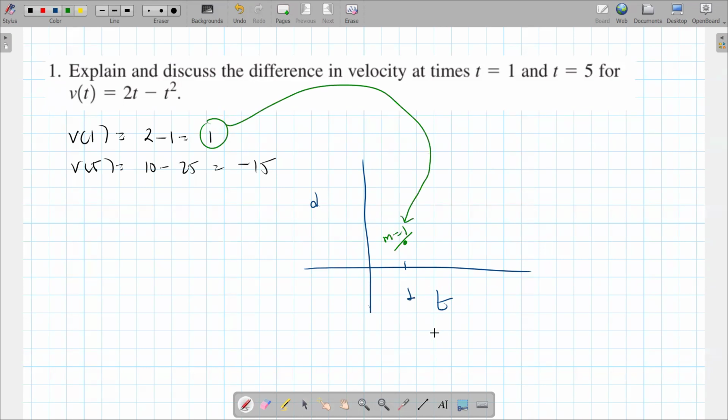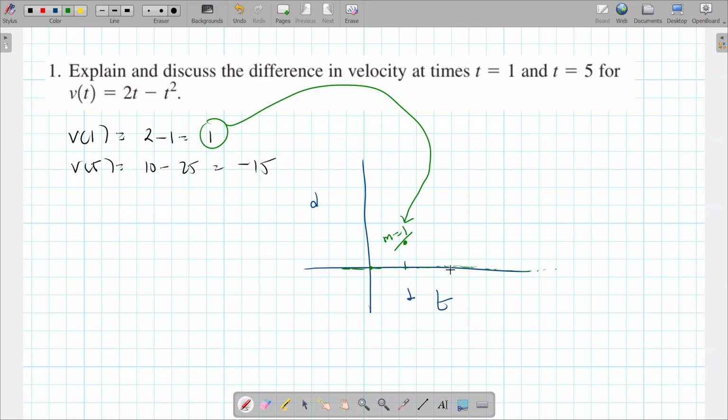This is the slope of the displacement versus time curve at time equals 1. So are we going further away from the origin, or are we going towards the origin? You can think of this as the origin, or you can also think of this as the ground. So at t equals 1 second, are we going away from the ground, or are we going towards the ground?